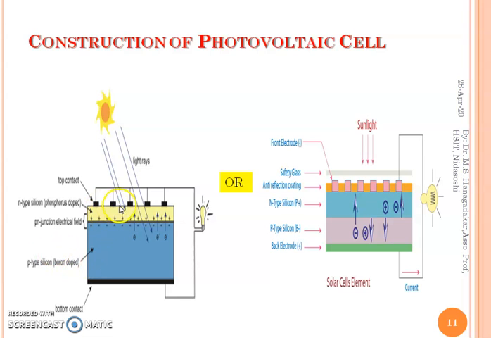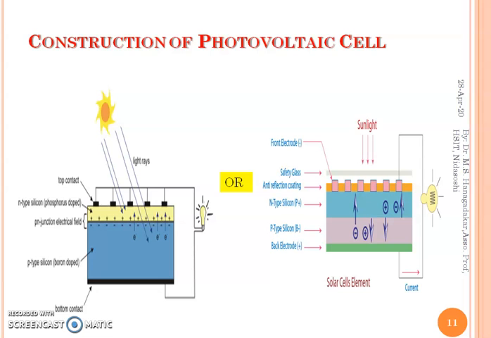These metal grid electrodes are made up of titanium silver alloy, and they act as the negative electrode, or you can say emitters. Similarly, at the bottom of this PV cell unit, there is also a very thin layer of titanium silver alloy attached at the bottom side.